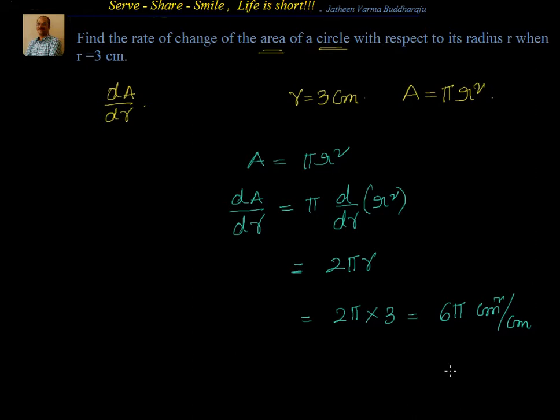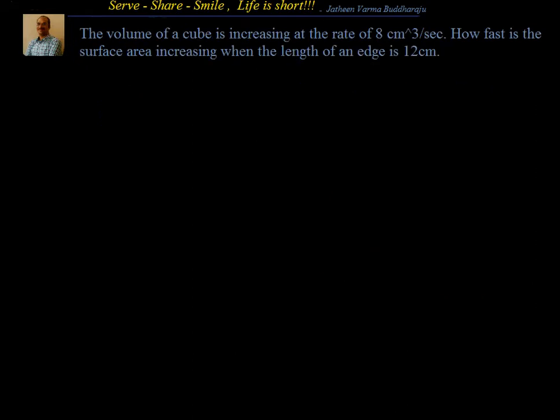Let's have a look at another example. In the earlier example, we saw how the area is changing with respect to radius. Taking the function area equals pi r square, we looked into dA by dr. But there can be cases where both the values depend on other variables, something like the volume and surface area of a cube.